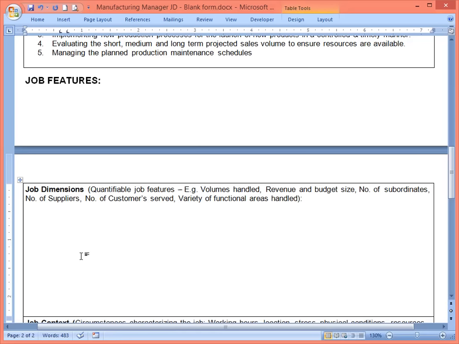In the general manager job description that I wrote recently, I did not actually put the figures. Maybe this time I'm going to put the figures, for us to appreciate what we're doing here in terms of the job dimension. Okay, let's say we're talking about volumes, right?